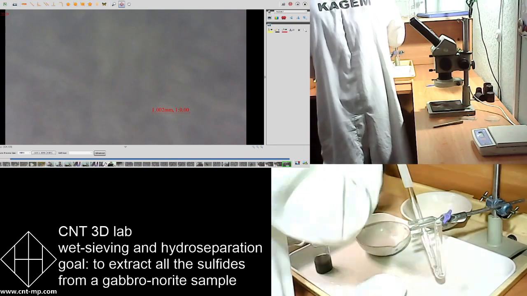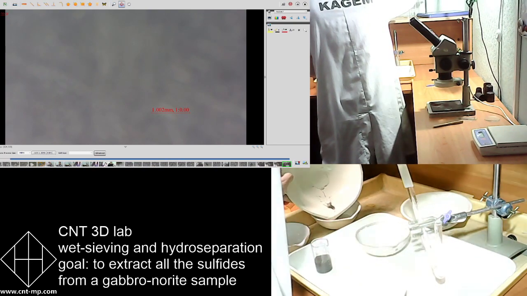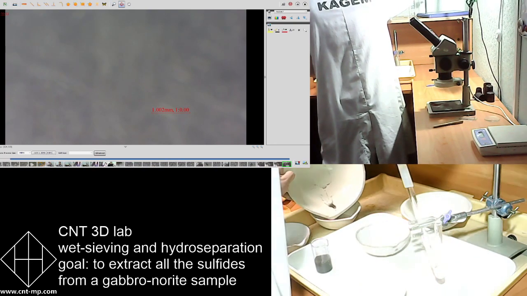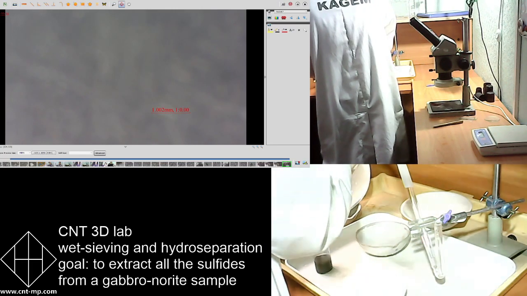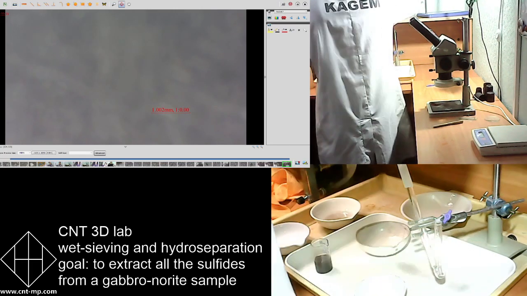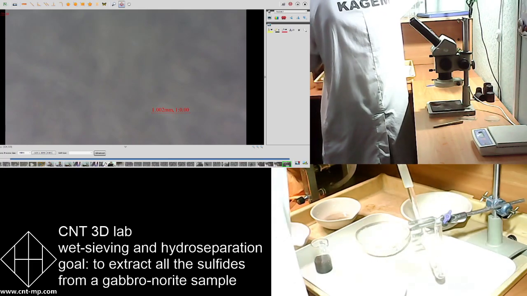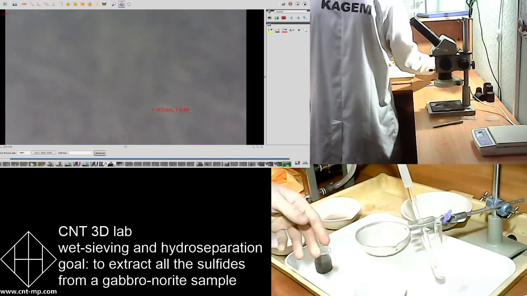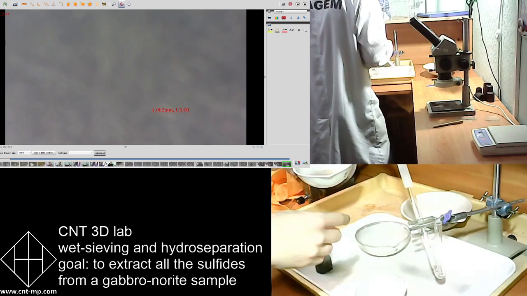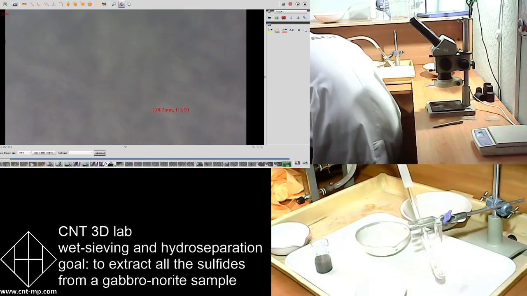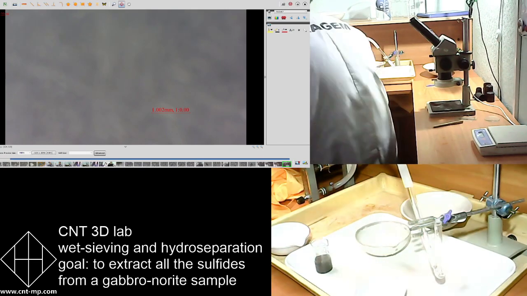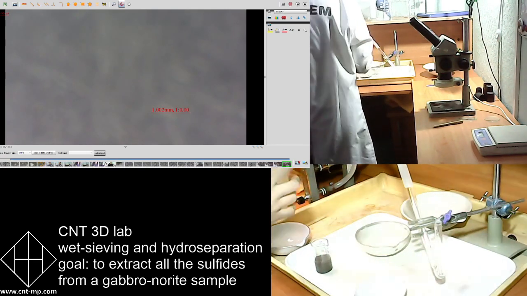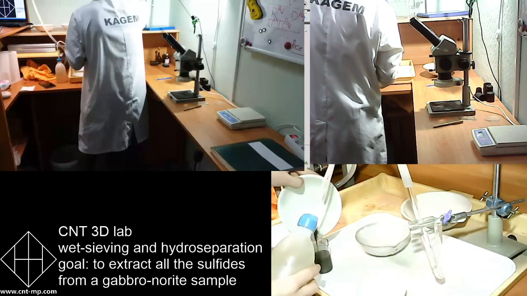So wet sieving was simple, I hope. You understood that there is a set of sieves that starts from the coarser below down to the finer. The range of size fractions starting from minus 0.5 millimeter down to 63. It's just those sieves that are standard, so any columnar sieves can be bought with this certain size ranges, but they can be different.